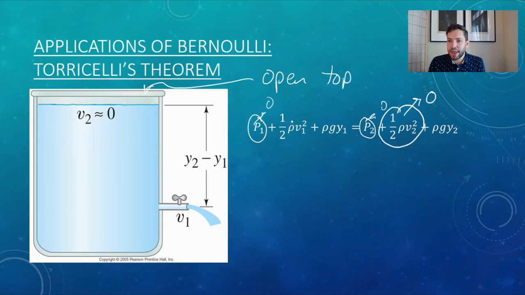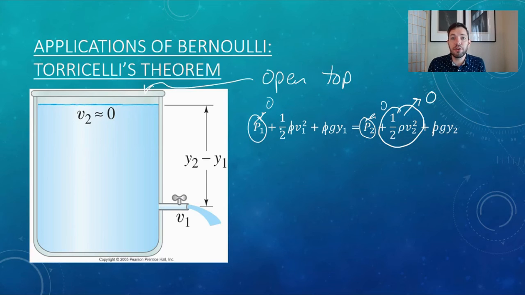We can also cancel out the rho, this density, because we're using the same fluid, right? This is just water or whatever. The density is going to be the same. So we can see already this big, long, complicated looking equation is going to get very, very simple. We're left with just these two terms over here on the left and just this term here on the right.